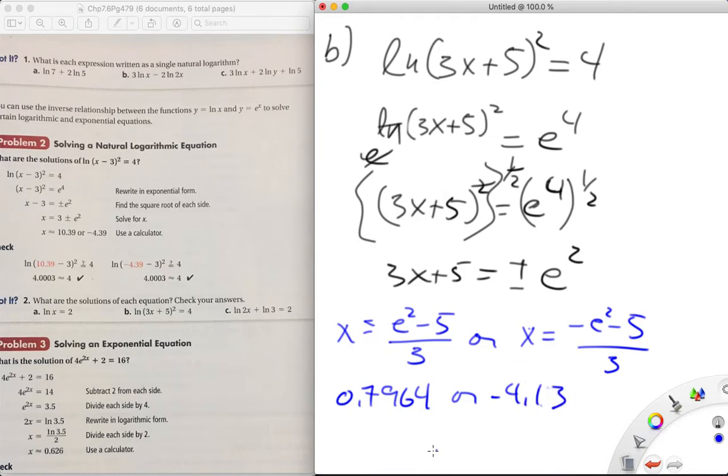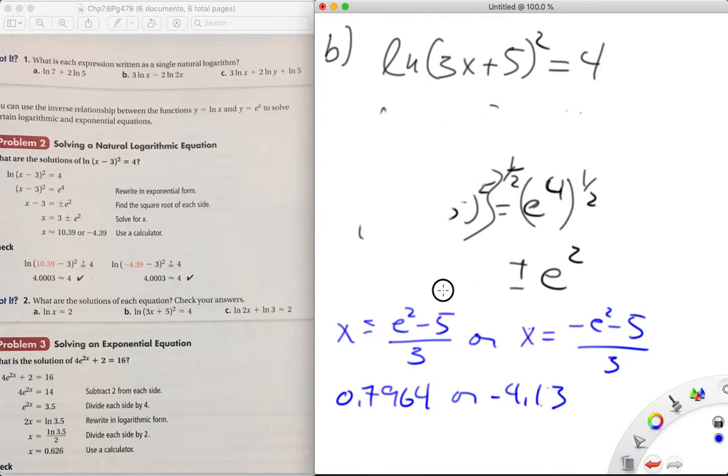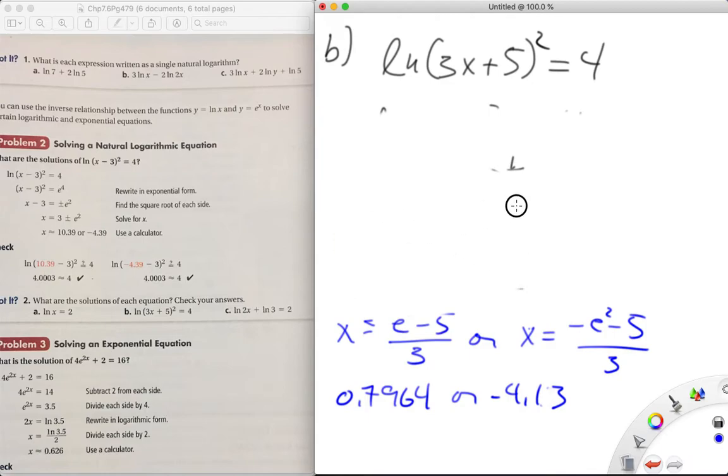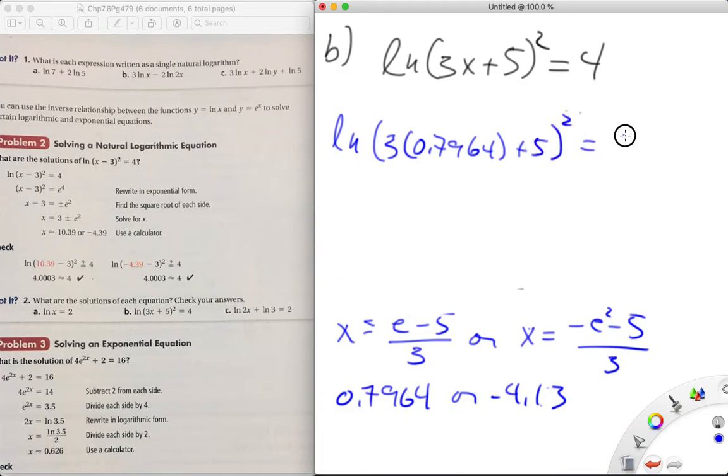Okay, so we would have to check our answers, plug them into the initial equation, and then see if they work. So if I was to plug it in here, I have ln of 3 times 0.7964 plus 5 squared, and that should equal 4.